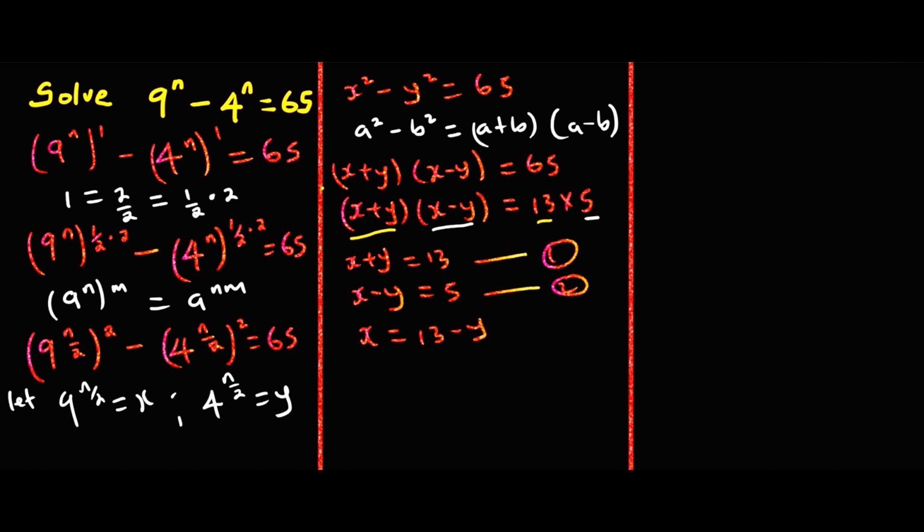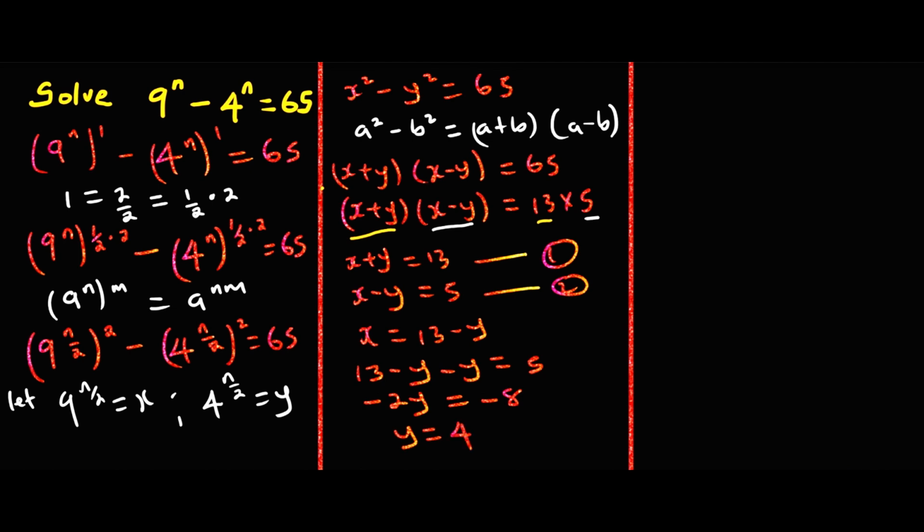So we can substitute this in the second equation so that we have 13 minus y is equal to 5. And if you collect like terms, you're going to see that minus 2y is equal to 5 minus 13, which is just minus 8. We divide both sides by a negative 2, we have that y is equal to 4.